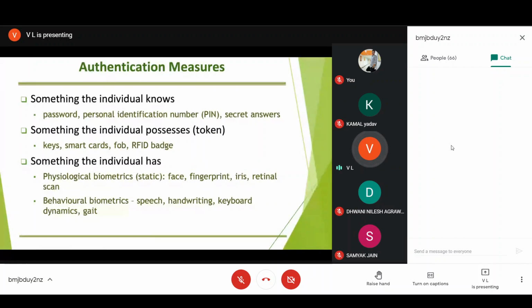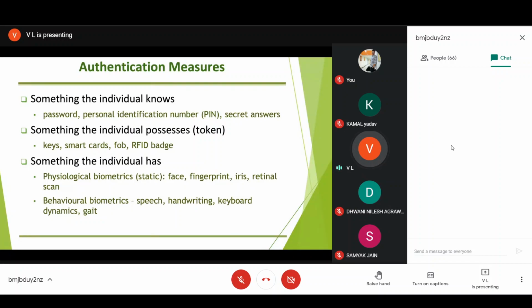A person can access a machine only if he or she knows something, or he or she possesses something which we call a physical token, or something that is the characteristics of the individual. So authentication measures can be based on password or personal identification number, PIN, or some kind of secret answers.